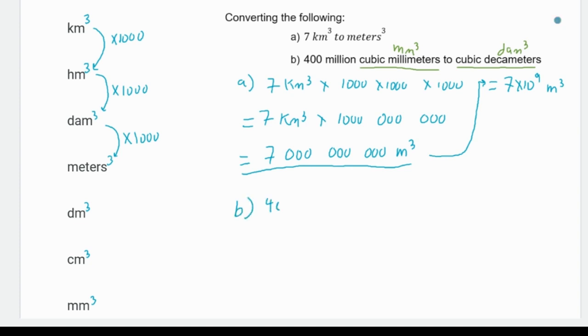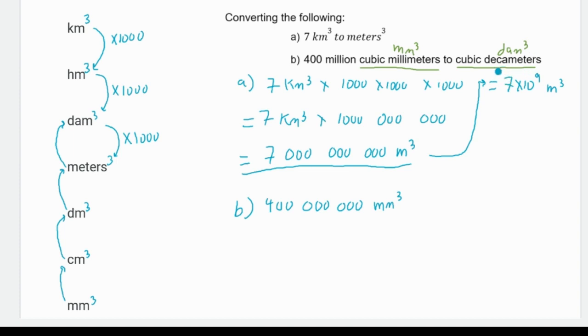So in B, we're going from 400 million millimeters cubed, and we're trying to convert it into decameters cubed. Over here, it looks like 1 step, 2 steps, 3 steps, 4 steps. Something else I'm going to point out: notice it is decameters.